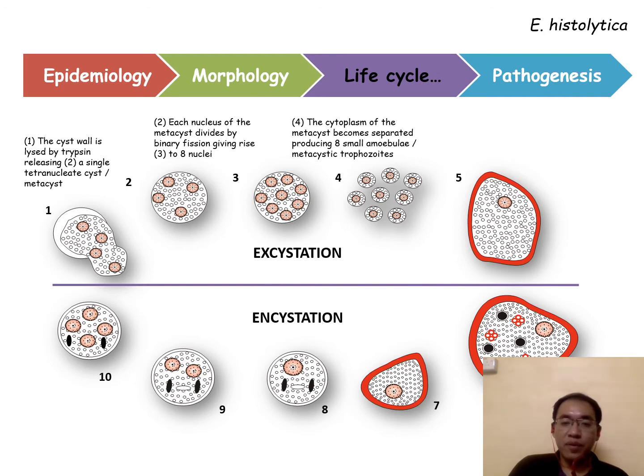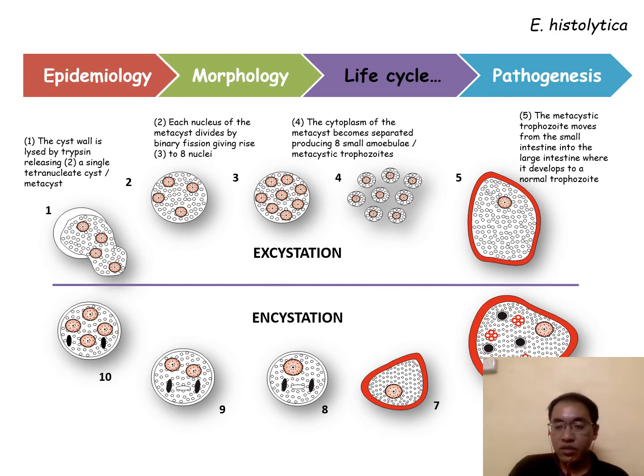The cytoplasm of the metacyst becomes separated to produce 8 small amoebulae, or metacystic trophozoites. The metacystic trophozoites move from the small intestine to the large intestine, where they develop into normal trophozoites.